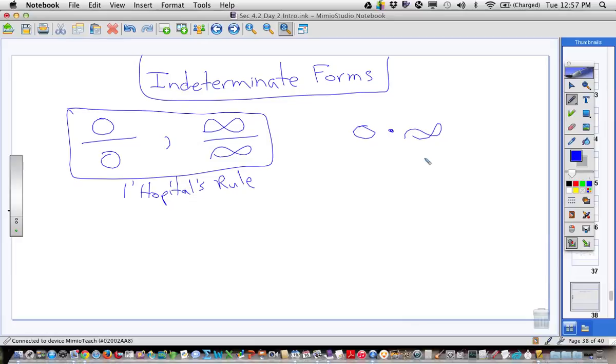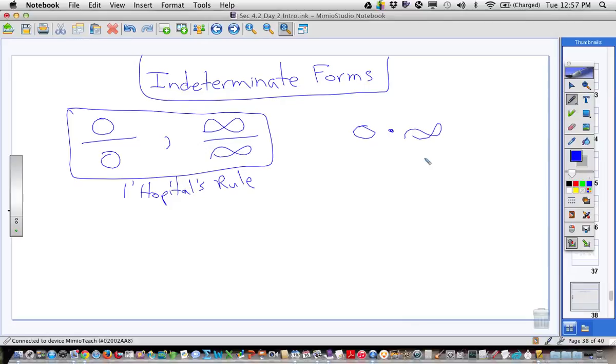The problem is we don't know how fast they're getting small, and that's what determines the answer. And that's where L'Hopital's rule comes in. So how fast is this getting small compared to this? It's like which one wins. If this one's getting small faster, it wins on top. If the one on bottom's getting small faster, it wins. Makes the whole thing bigger. That kind of thing.